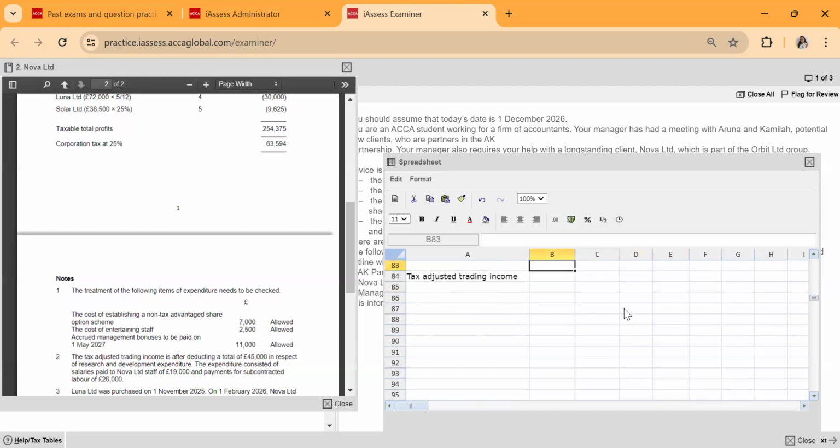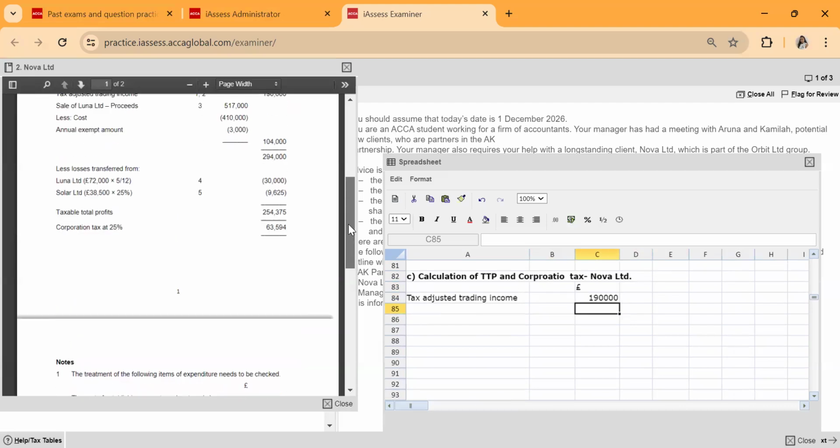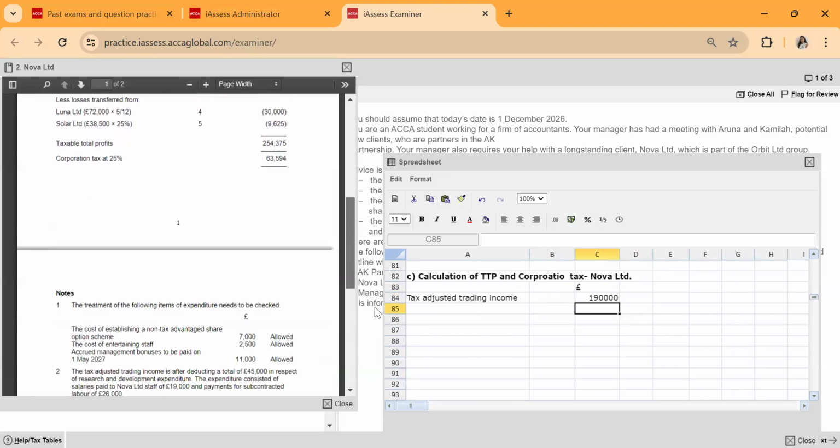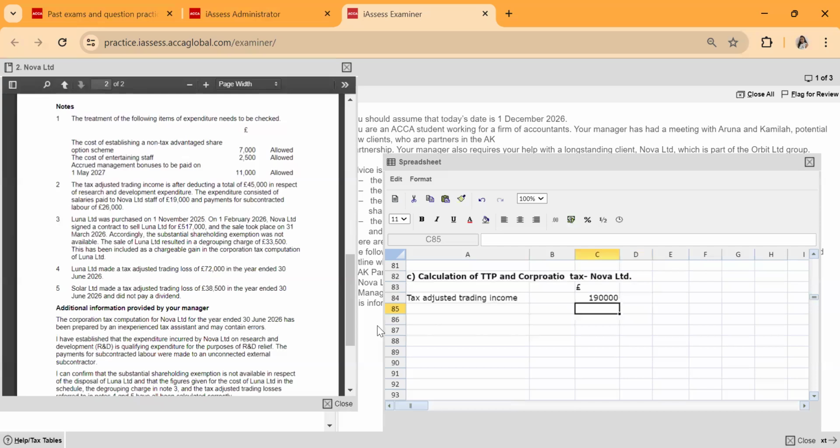It is 190,000 given to you. I will write it here. Now please see the exhibits, and one by one we'll see everything and do the corrections. It has got notes 1 and 2. Note 1 says the treatment of the following items of expenditure needs to be checked. The cost of establishing a non-tax advantage share option scheme.